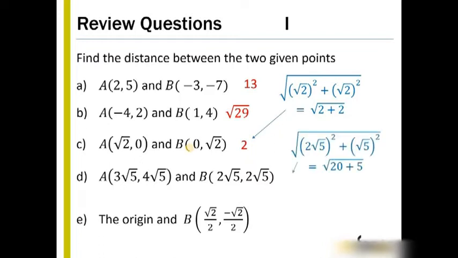For D, we end up with the square root of (2 root 5) squared plus (root 5) squared, which is the square root of 20 plus 5, which is 5. For E, we end up with the square root of (root 2 over 2) squared plus (root 2 over 2) squared, which is the square root of 2 over 4 plus 2 over 4, which is 1.